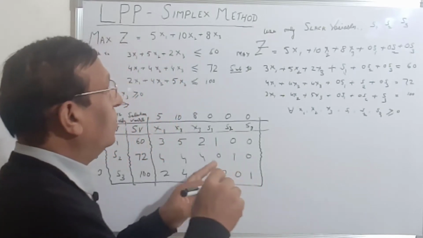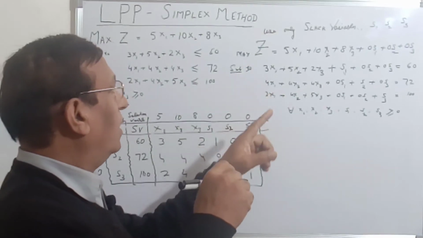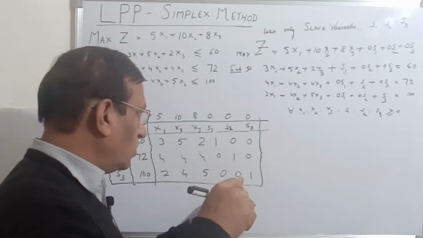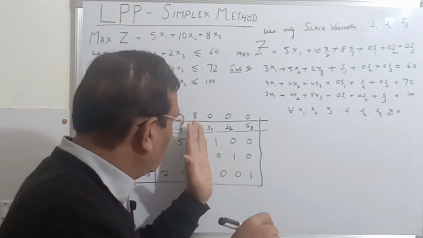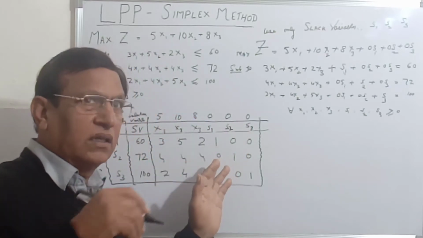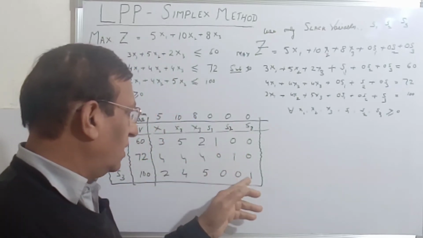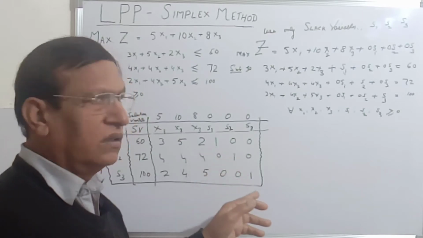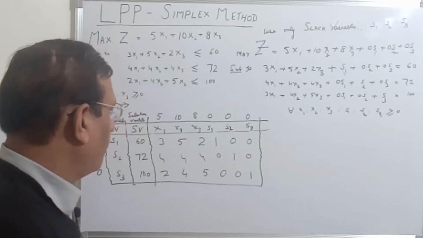The coefficients of slack variables are added in such a way that they form a unitary matrix. In a unitary matrix, the elements lying on the diagonal are 1, 1, 1. This is known as a unitary matrix.